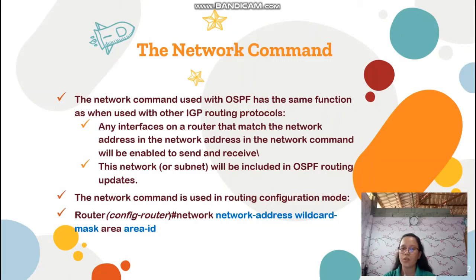This network or subnet will be included in OSPF routing updates. The network command is used in router configuration mode. So this is the command that we're going to use: network, then the network address, wildcard mask, area, and the area ID.